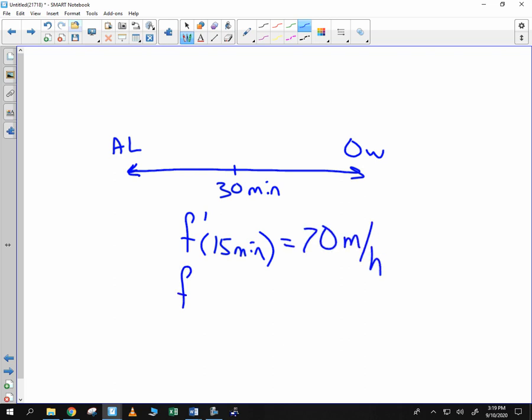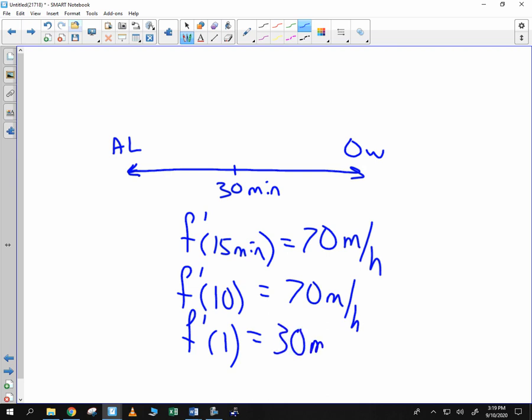What if I asked f prime of 10? You'd say, well, it'd probably be 70 miles an hour because I'm sitting on the freeway. Well, what about f prime of 1? Well, at that point, I'm probably driving by Hy-Vee in Albert Lea on my way out. You would say maybe like, say, 30 miles per hour. You say, well, what's f prime of 29?